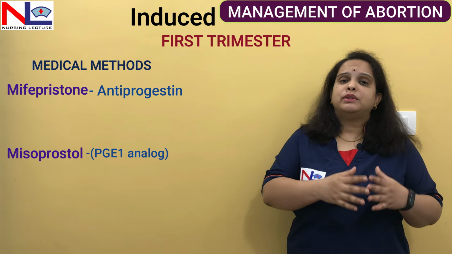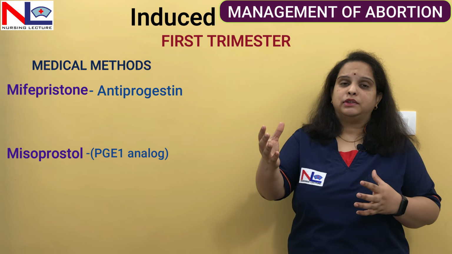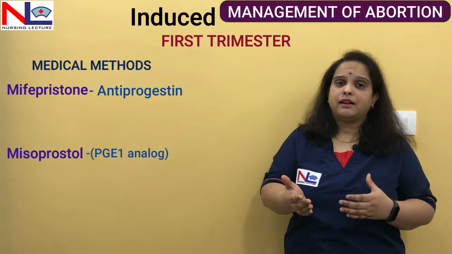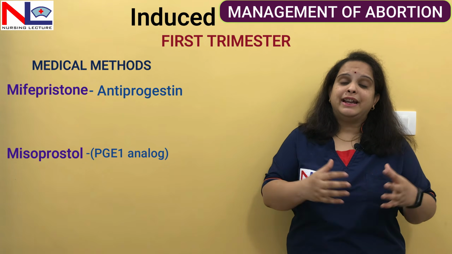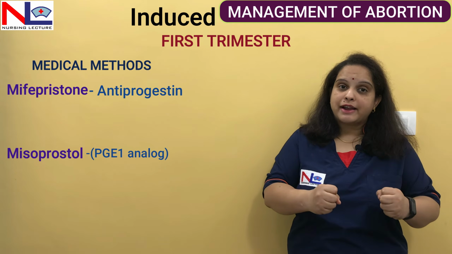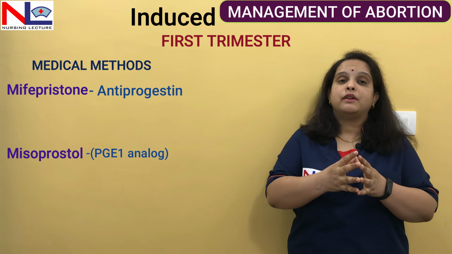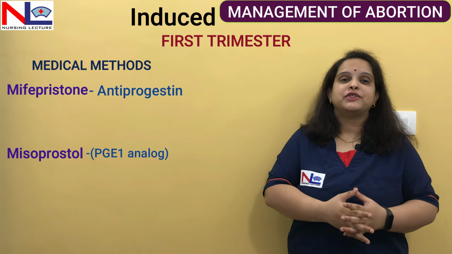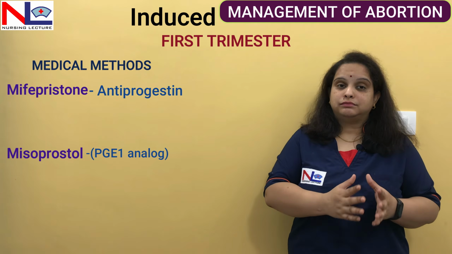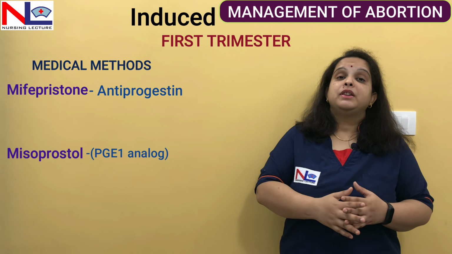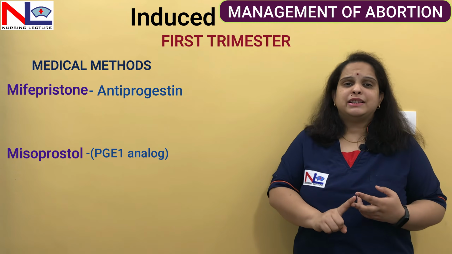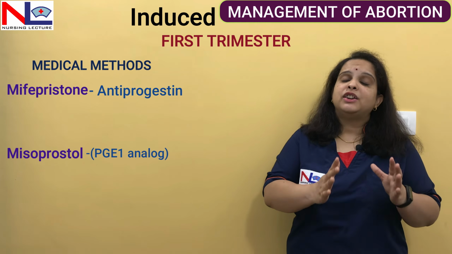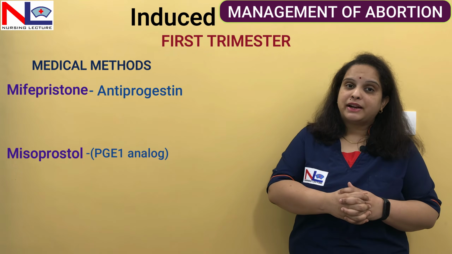Okay, so the pregnancy will not be continued further because of the anti-progesterone drug. Misoprostol creates uterine contraction and it prepares the cervix for dilatation. So cervical softening and uterine contraction is the action of misoprostol. So in the first trimester, by 7 to 9 weeks, the medication alone can terminate the pregnancy.